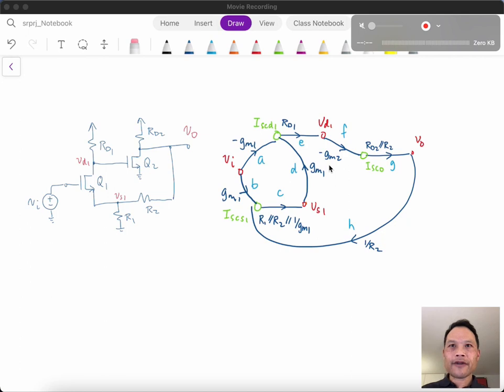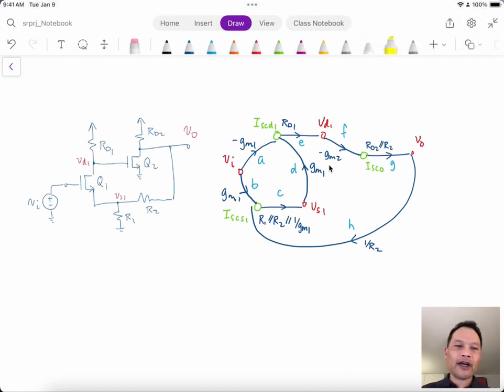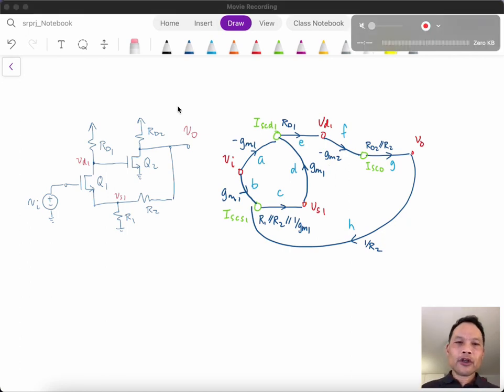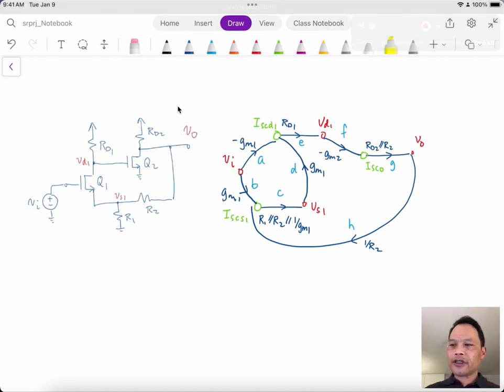The purpose of the capstone project is to develop a CAD tool which can automate much of this process.